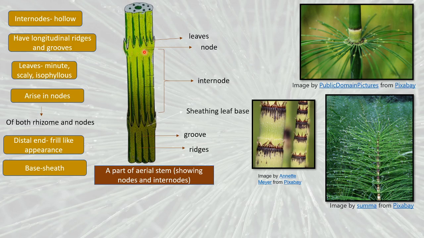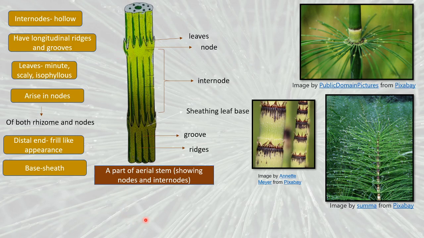So this is broad and it surrounds the whole stem like an envelope, and therefore it is called a sheathing leaf base, right? So the leaf at the distal end has a frill like appearance, whereas the base has a sheathing leaf base, as I have marked here. We cannot differentiate, but the sheathing leaf base is present here, which is a part of the leaf, right?